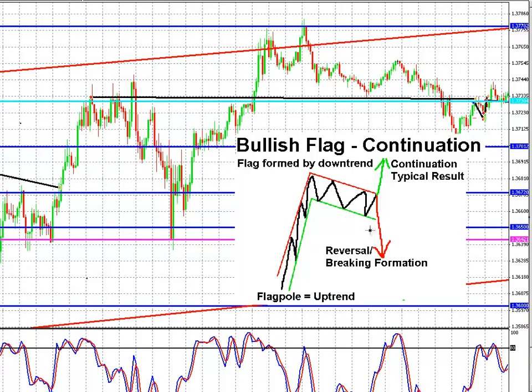You know how to draw that from episode 3. Then, since it's an uptrend, it's going to start consolidating with a downtrend, and this forms the flag. After consolidation, it can do one of two things: either continue its upward momentum, that's the typical result, or it's going to start reversing, which is breaking formation.